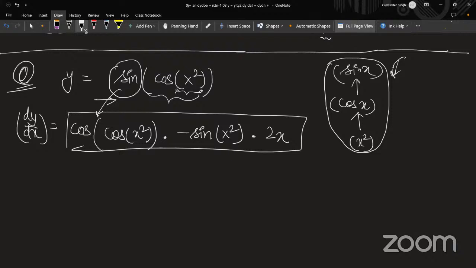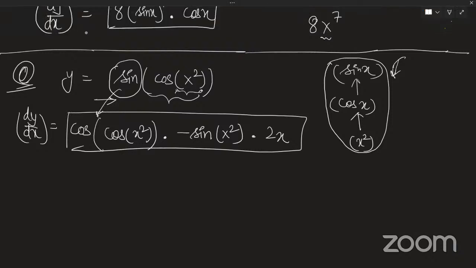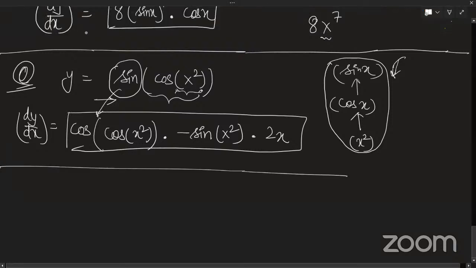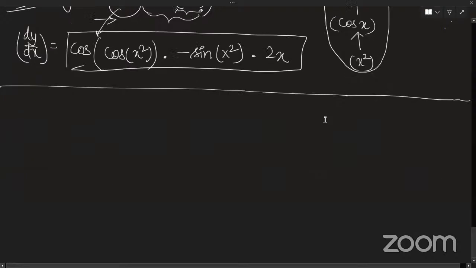Hello? Yes. Do you have a doubt? No, sir. Okay. Do you want to ask something, or do you want to say something? Okay. It is clear. I'm really happy. So see, chain rule is the toughest of them all.